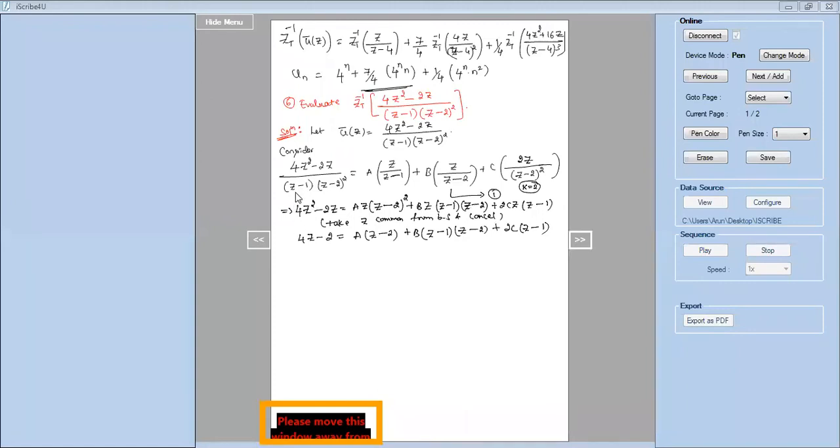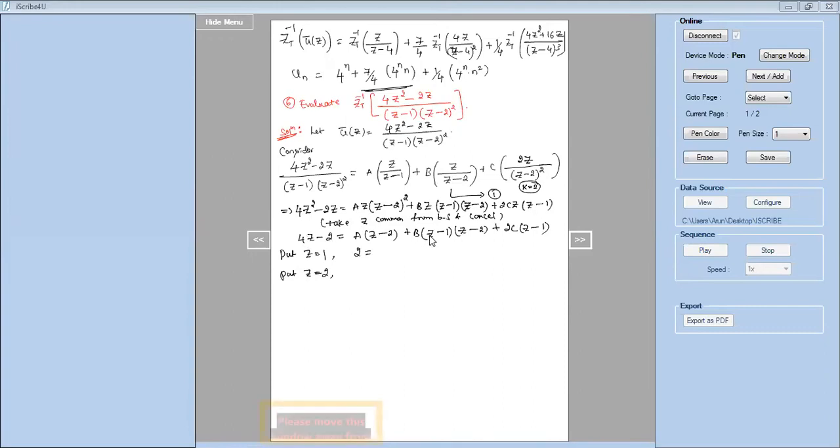So there are two roots here, z = 1 and z = 2. Let us substitute. Put z = 1 first, then put z = 2. If I put z = 1 here, 4 into 1, 4 − 2, 2 equals the right hand side.